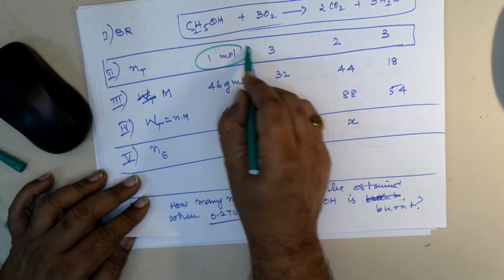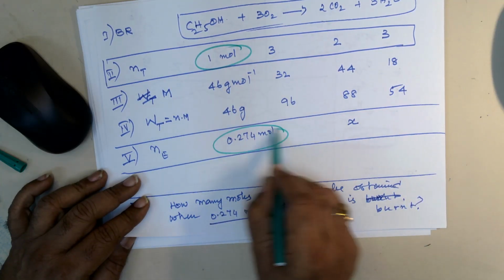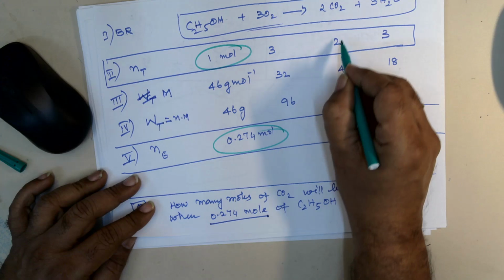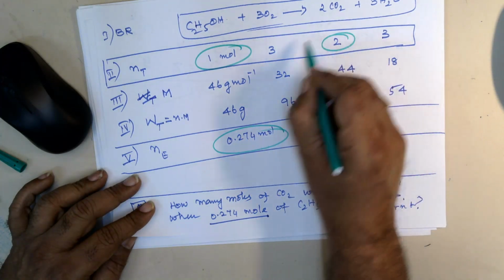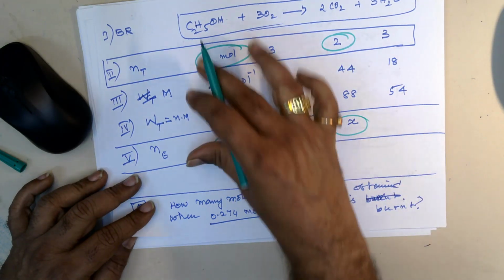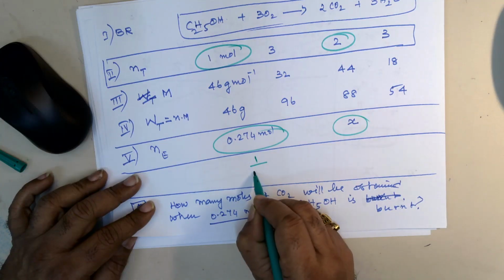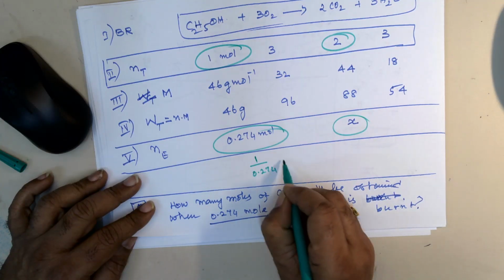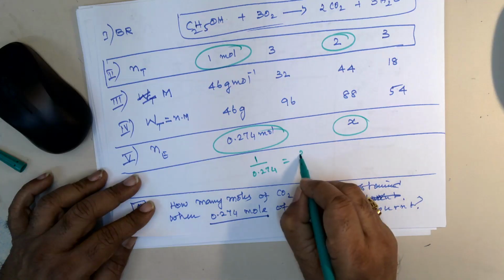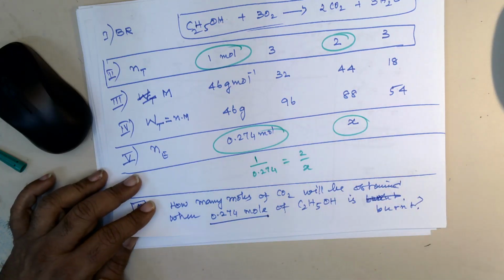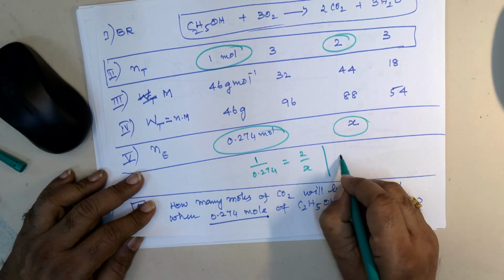So 1 mole divided by 0.274 is equal to 2 mole divided by X. You can make it as a ratio here. What is that? 1 divided by 0.274 is equal to 2 by X. That's all. Got it? Okay. So find out X.